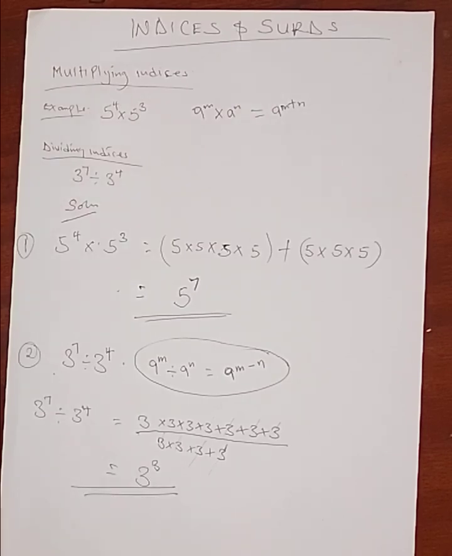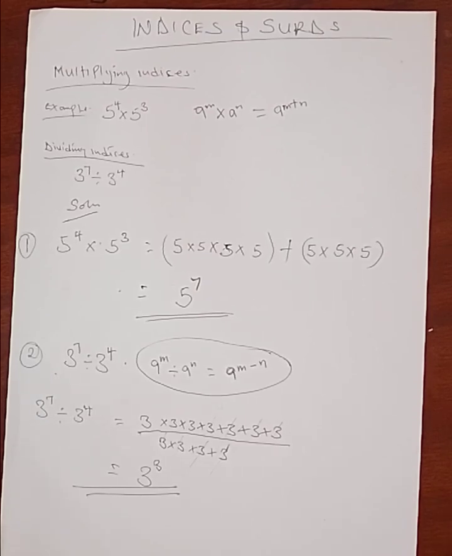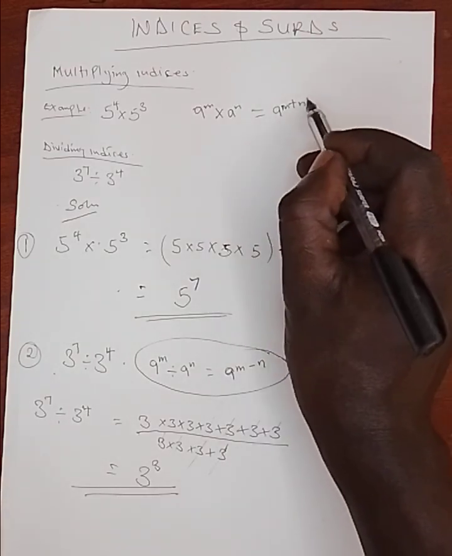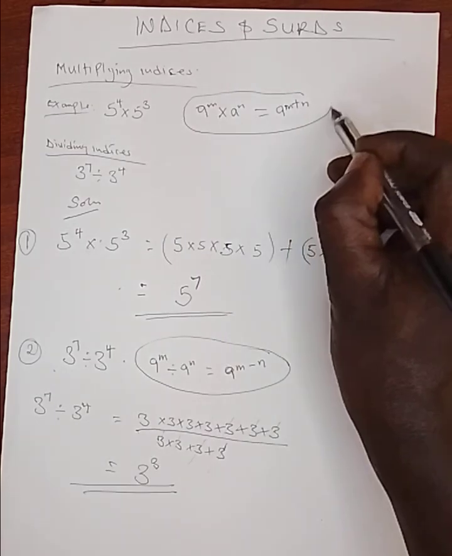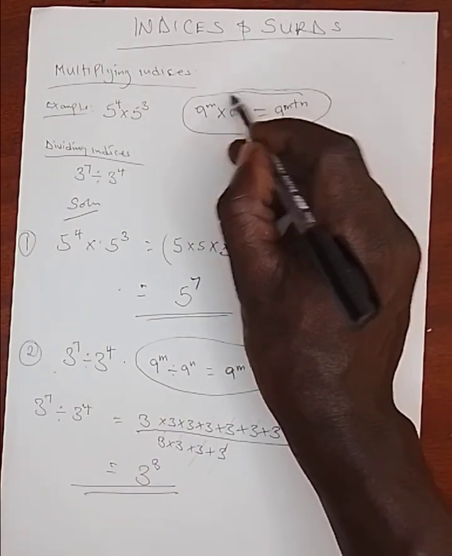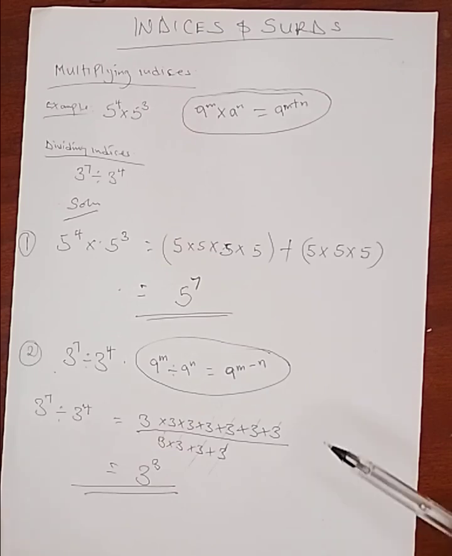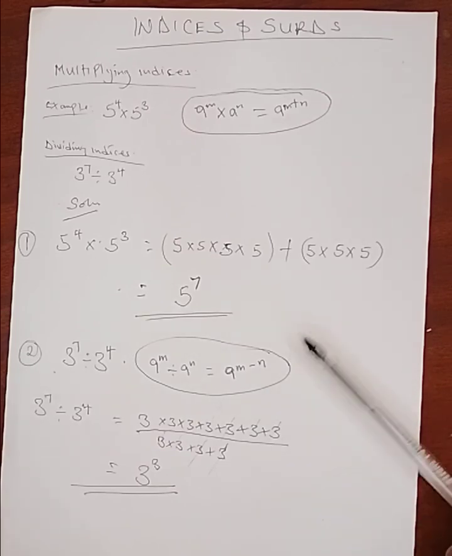That is your final answer when you are dealing with division of indices. Don't forget to note this, as it reminds you of the rule. This is the first rule for multiplication, and when dealing with division, this is the rule that can remind you.